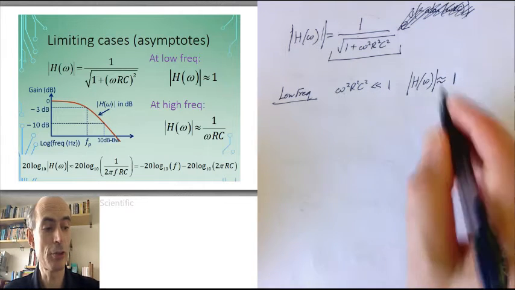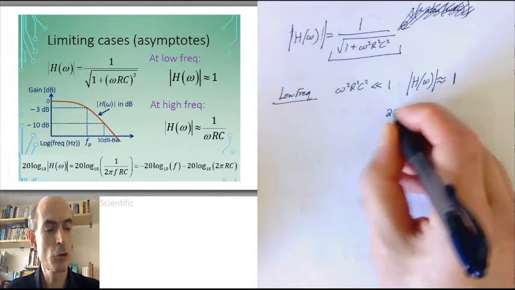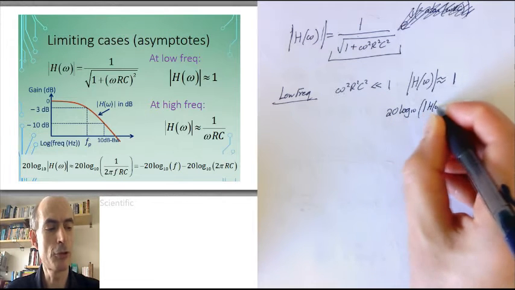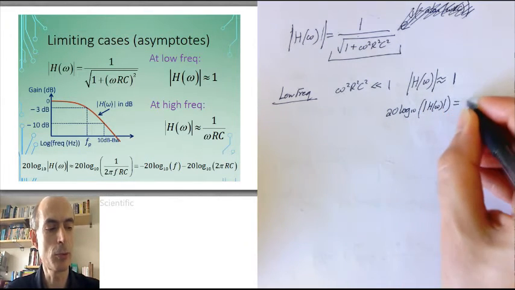And expressing this in terms of dBs, 20 log 10 of the modulus of the amplitude gain is just equal to 0.